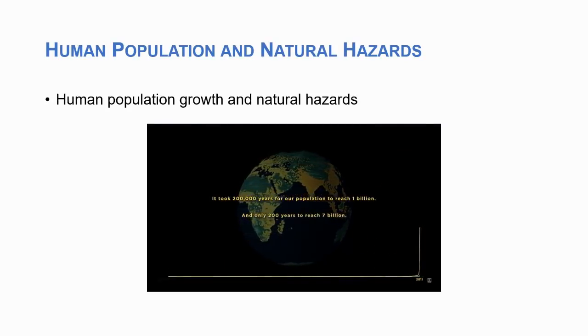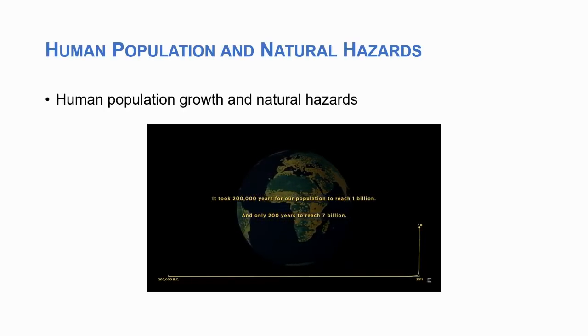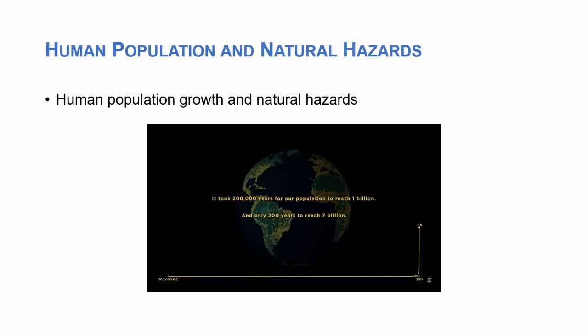So it took 200,000 years for the population to reach 1 billion and only 200 to reach 7 billion.